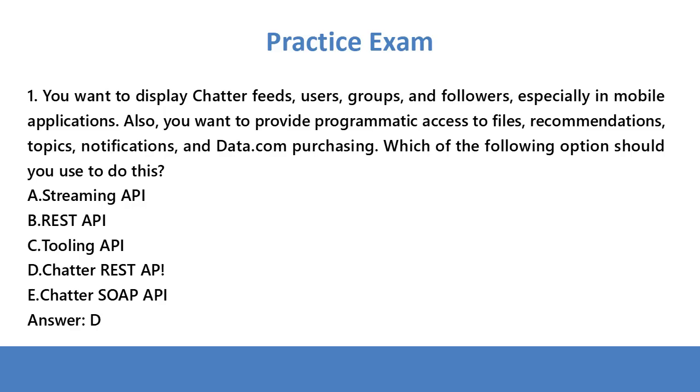Which of the following options should you use to do this? A. Streaming API. B. REST API. C. Tooling API. D. Chatter REST API. E. Chatter SOAP API. Answer: D.